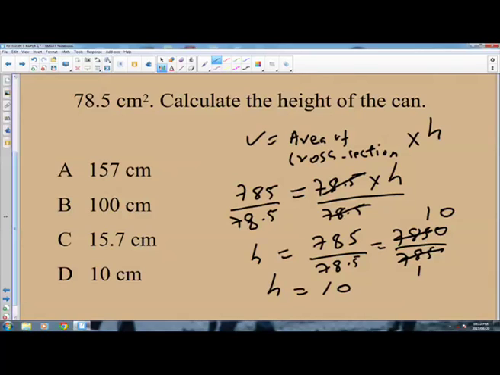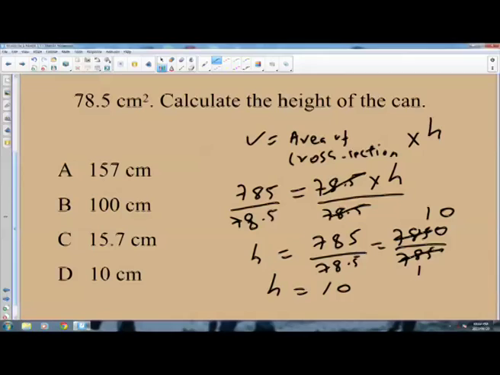Go to the alternatives, circle the correct answer. According to the alternatives, A is 157 centimeters, B 100 centimeters, C 15.7 centimeters, and then D is 10 centimeters, which is what we got. So we will circle D, which, according to the calculation here, is the correct answer.